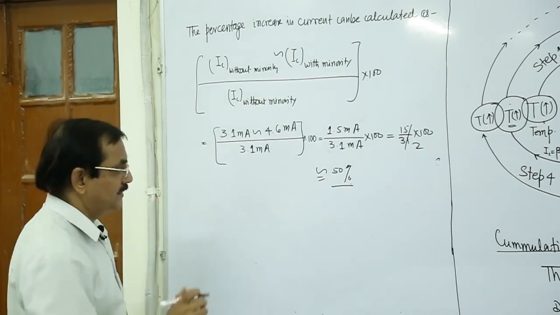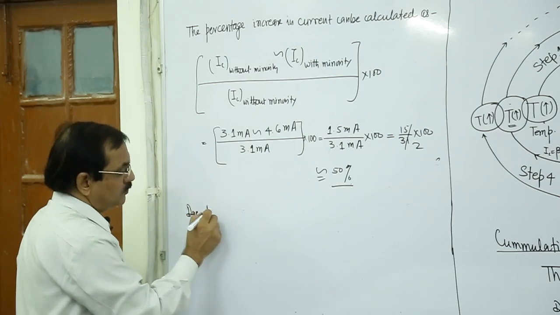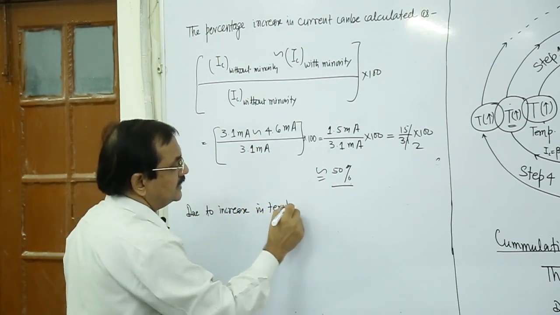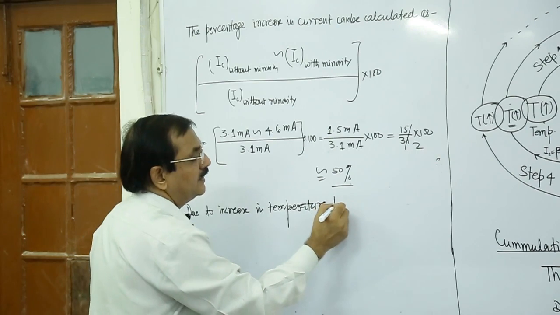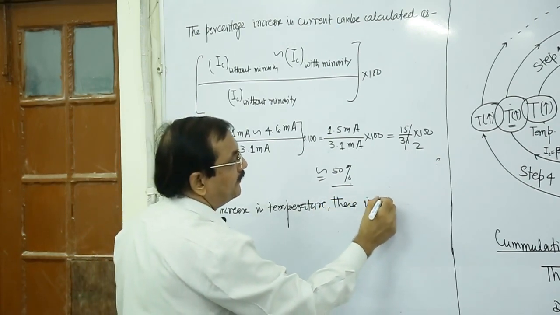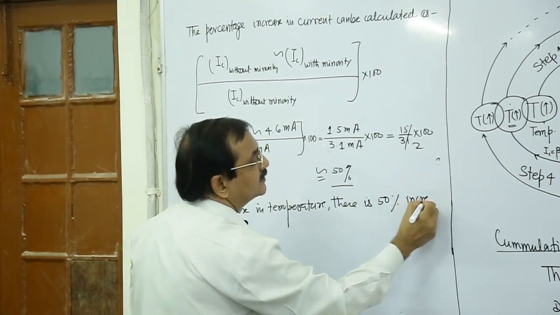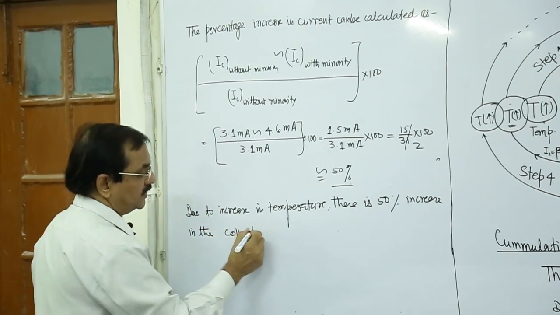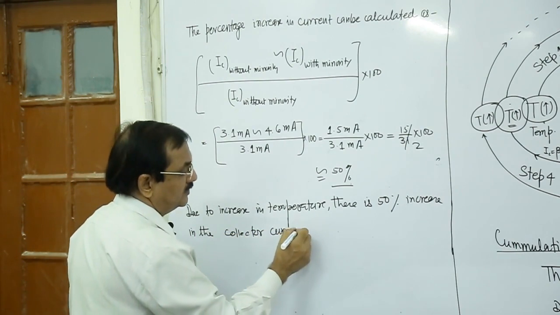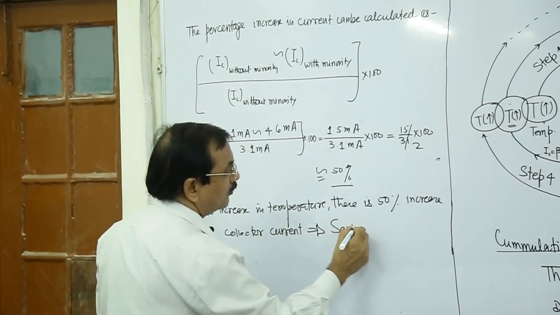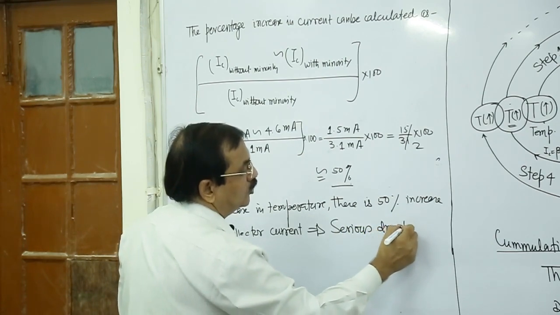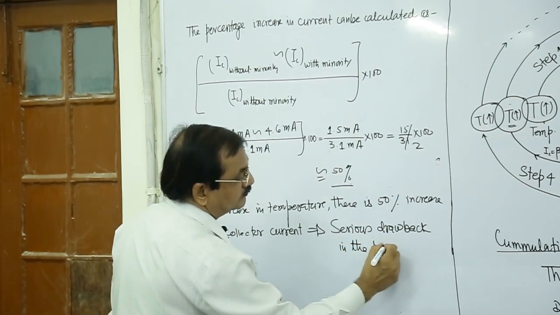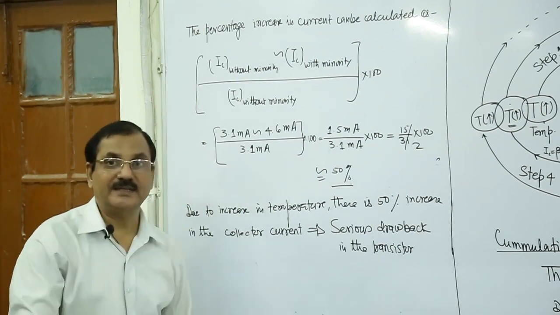So what we find is that due to the increase in temperature, there is a 50% increase in the collector current, which is a serious drawback in the transistor.